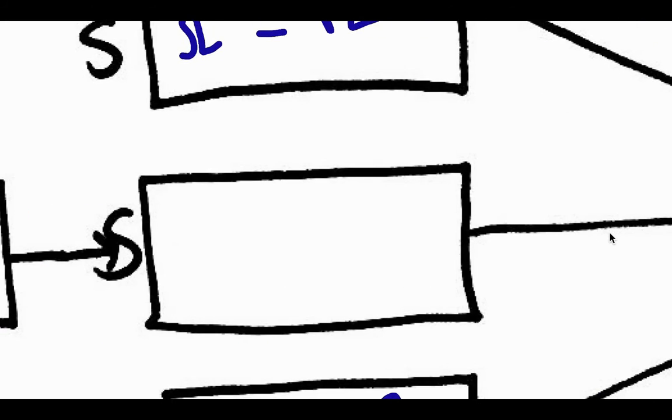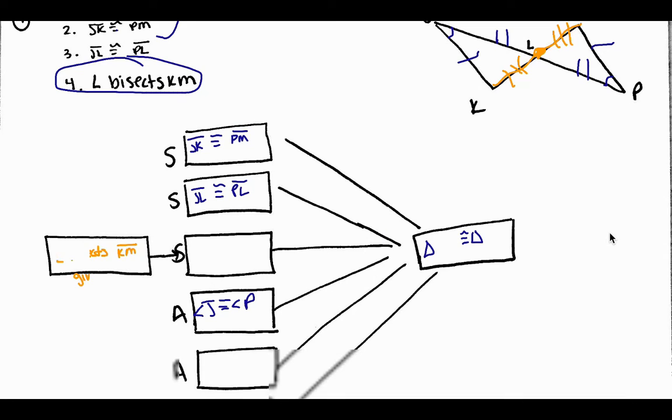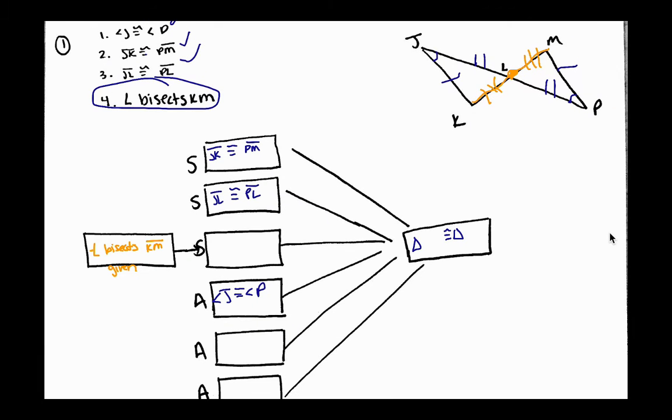And what that's going to do is lead into the fact that now ML here and KL are congruent. ML is congruent to KL. And we want to be able to explain why. And the reason is that's the definition of a bisector, right?